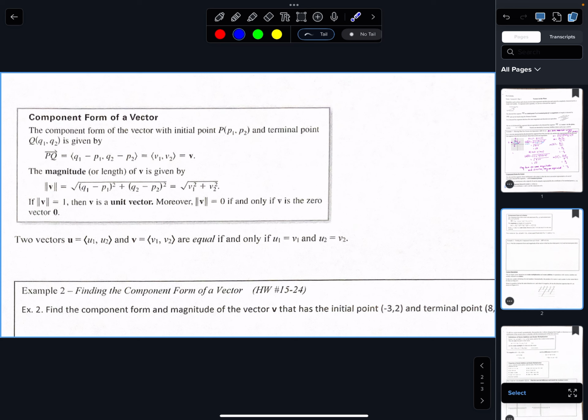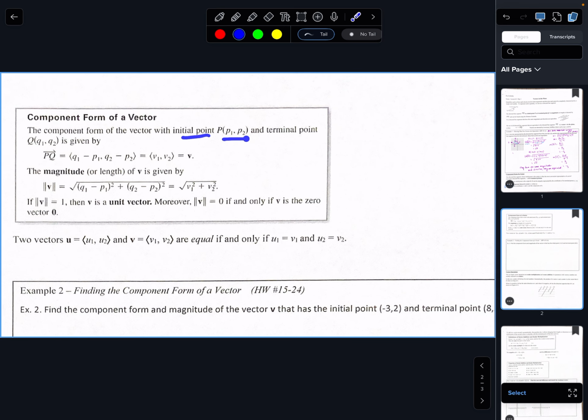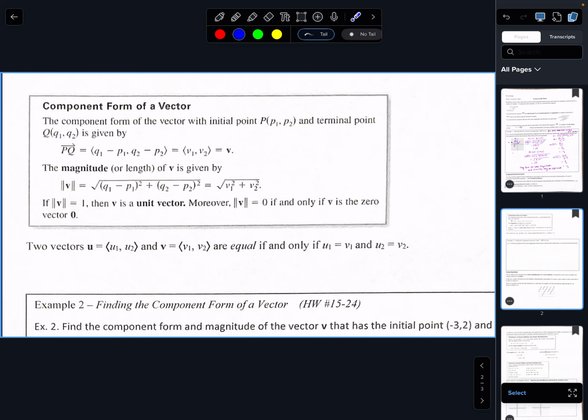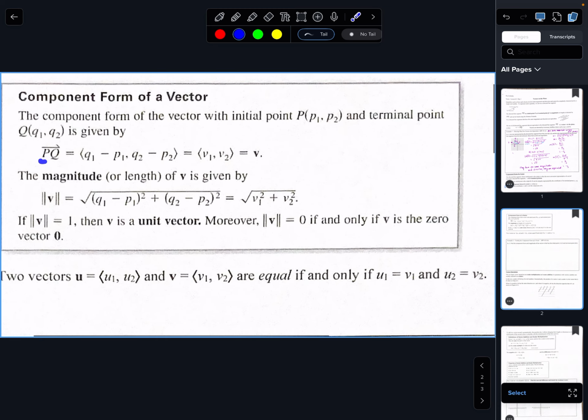So how do I find the component form of a vector? With initial point P sub 1, P sub 2, and terminal point Q sub 1, Q sub 2. The order of how you subtract these is important. P is your initial, Q is your ending.